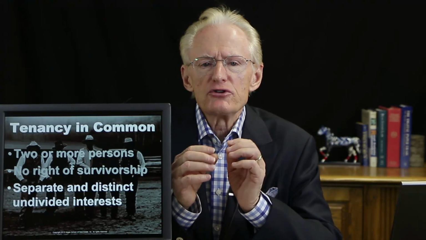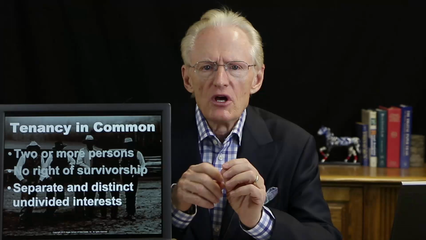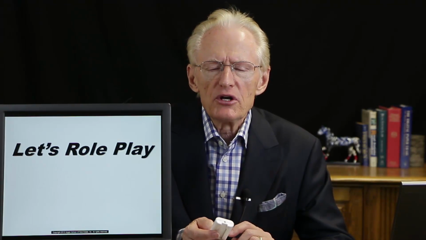Please realize that tenants in common have what are referred to as separate and distinct but still undivided interests. Let's take an example and role play a little relative to tenancy in common. Let's say we're going to have three different entities acquire ownership in one property.